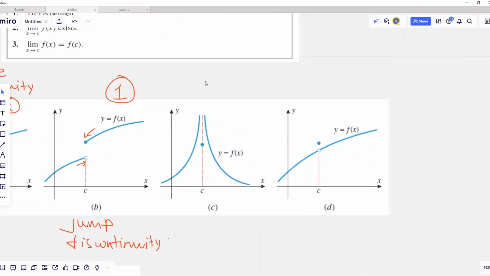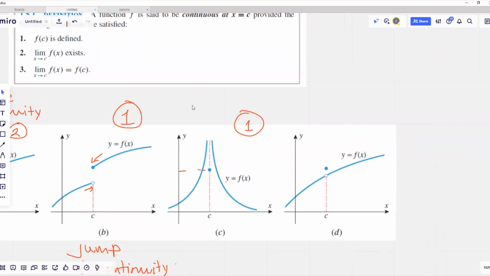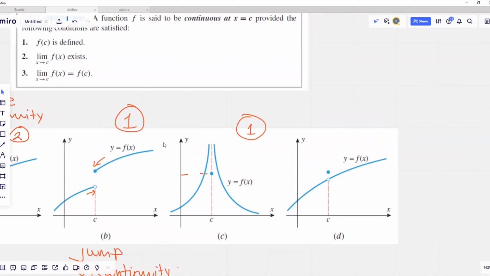All right, next example. The first condition here is satisfied since the value of the function at point c is defined. It's some value here. However, we see that the two-sided limit at point c doesn't exist, since the function blows up here, and the one-sided limits are equal to plus infinity.